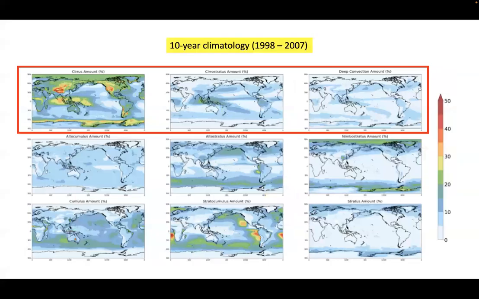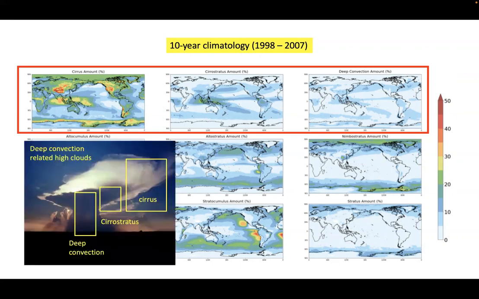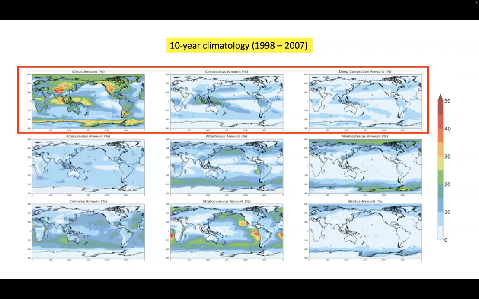Okay, so a third point I want to make is that if you look at the top row, the three cells in the top row are, from left to right, cirrus, cirrostratus, and deep convection. You will see that they are actually very similar.